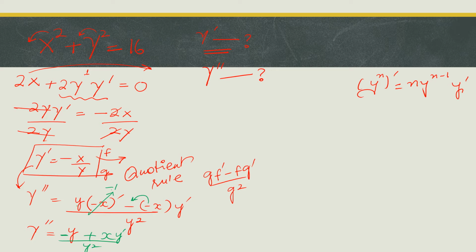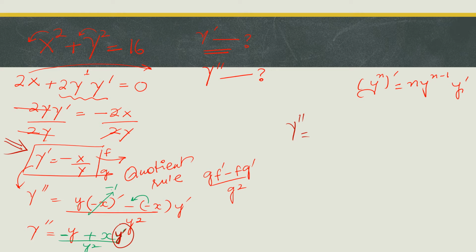Now when you write the final answer, only write in terms of x or y. You can see here there is something written as y prime, so just put the value of y prime from here, which you have already found, into the equation.